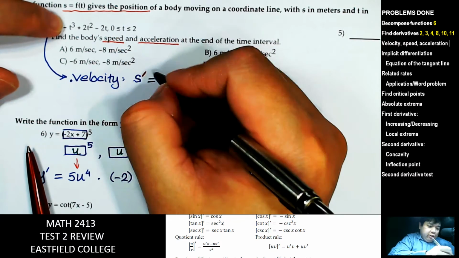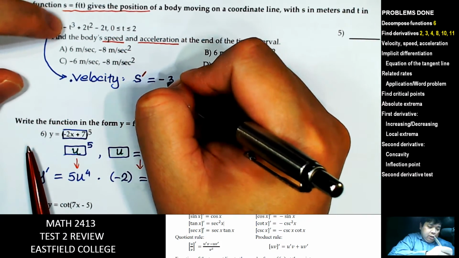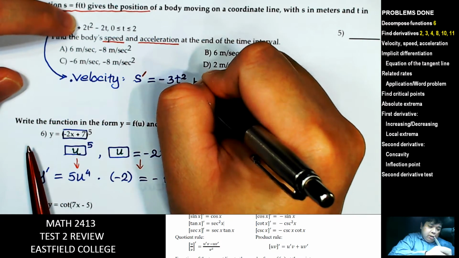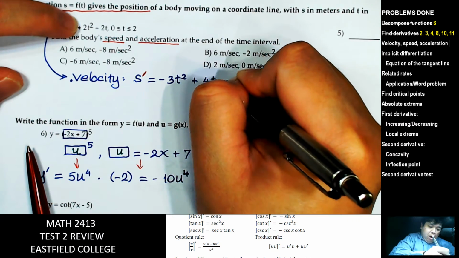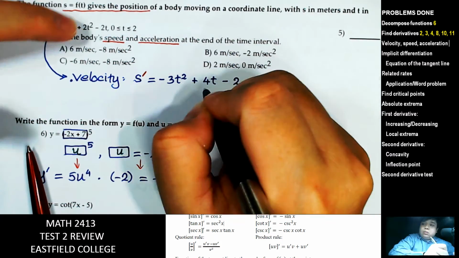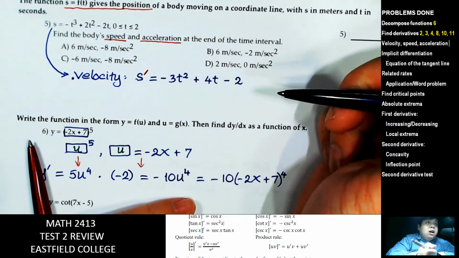So we take derivative: negative 3t squared plus 4t minus 2. Right. The question asks us the speed at the end of the interval.